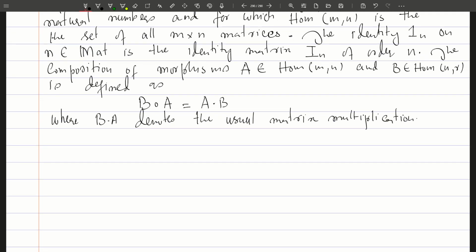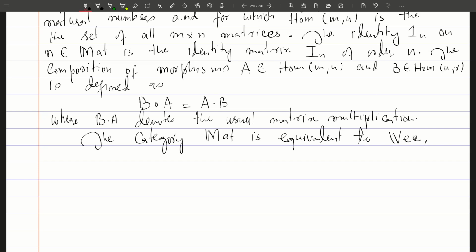Now we claim that this category Mat is equivalent to the category of all finite dimensional vector spaces. So the category Mat is equivalent to the category Vec F, where F stands for finite dimension.